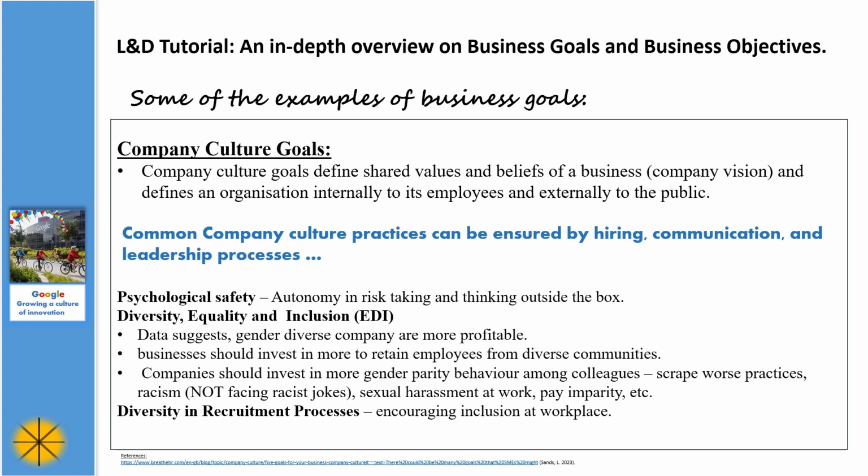Having a gender diverse company, employing talented people from diverse communities, allows you to employ passionate and talented people from every field, which can prove to be more profitable for an organization. And it is also important to erase worst practices in the organization and include practices that encourage employees' and organizations' growth.